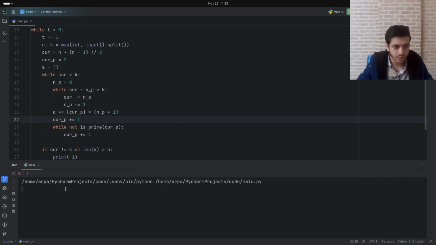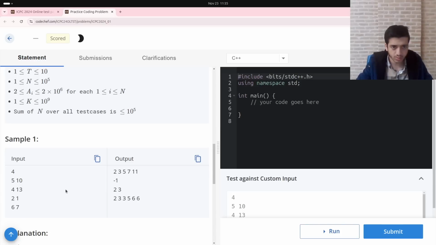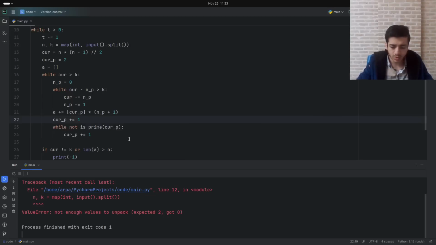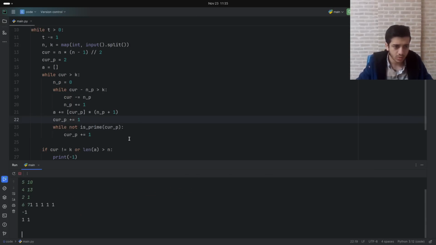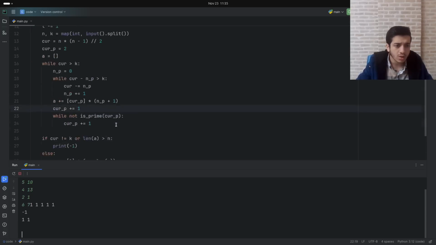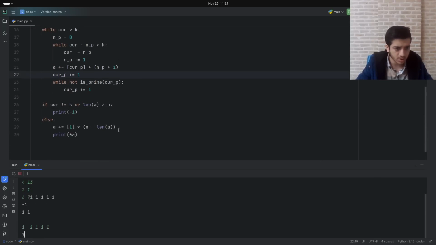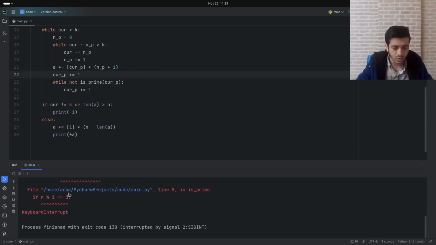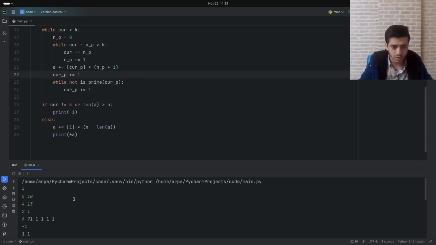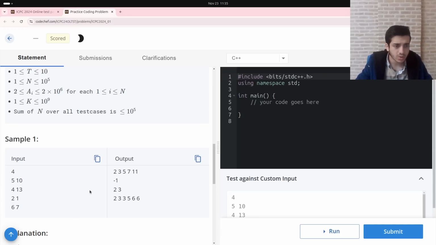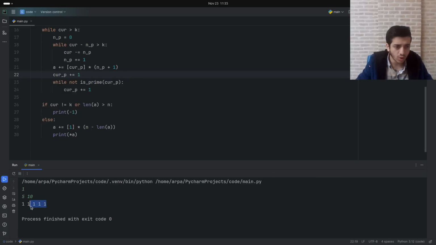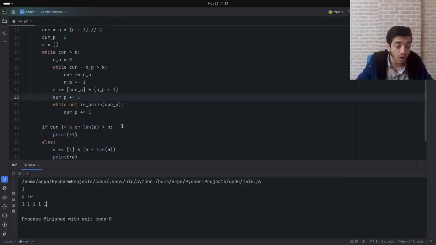Oh, I really don't understand this. Okay, let's do it one by one. It says all one, but it's incorrect, right?